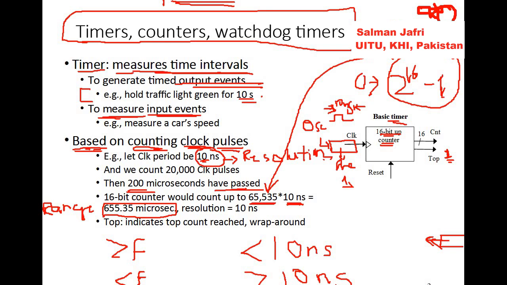Similarly, if we decrease the frequency, the time period would increase, so the range of the counter would increase, right? So what do we get by this? If we increase the frequency, the time period decreases, or resolution decreases, as a result of increasing frequency, but range decreases. Okay, so this is the idea.